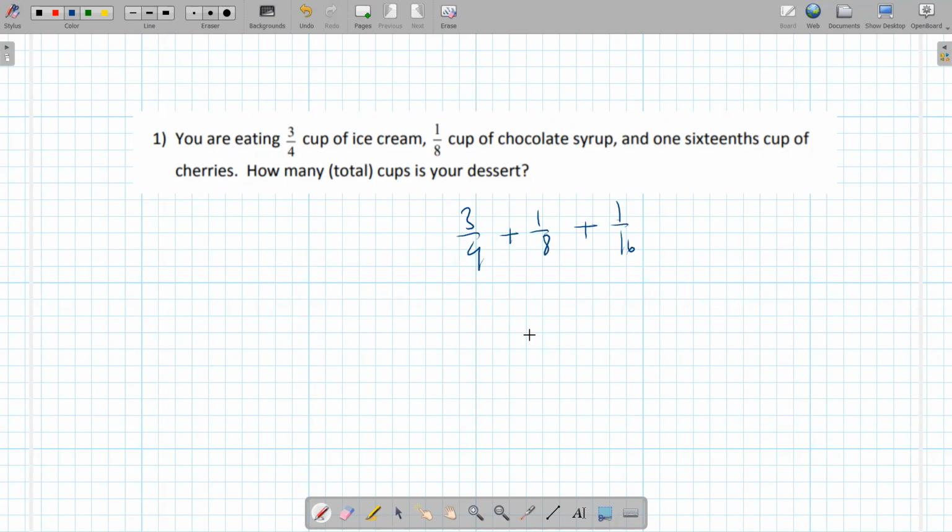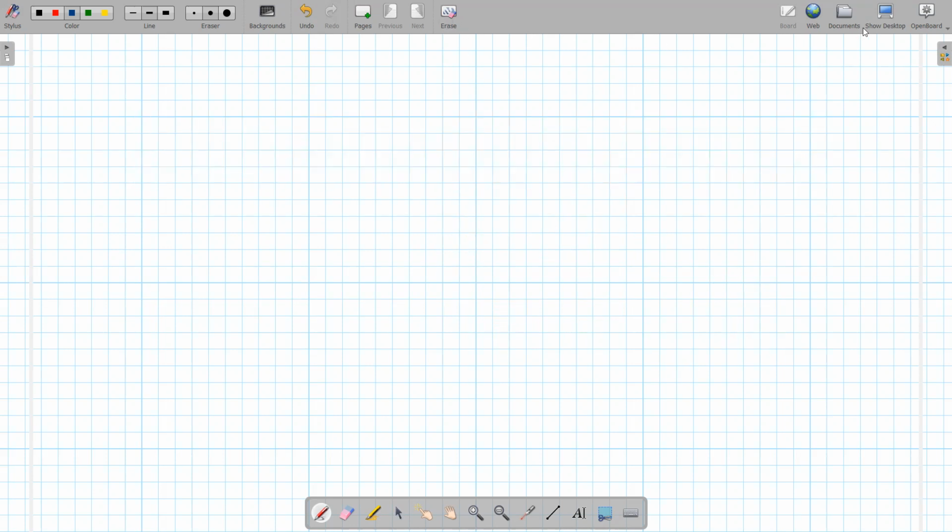It's 16. So we don't touch the 16, and we've got to make the rest a 16. So multiply the 4 by 4, multiply the 8 by 2, and don't touch the 16. So we get 12 over 16 plus 2 over 16 plus 1 over 16. And then we can just add them all up. 12 plus 2 is 14 plus 1, 15 over 16. And that's the final answer.